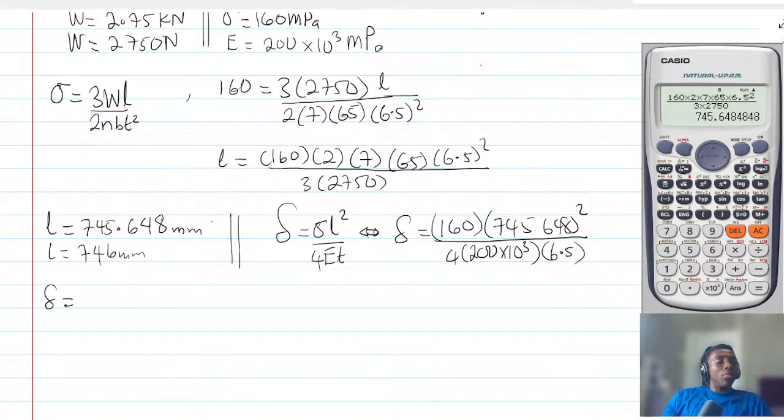So the deflection will be 160 multiplied by 745.648 squared divided by 4 into 200 multiplied by 10 to the power 3.